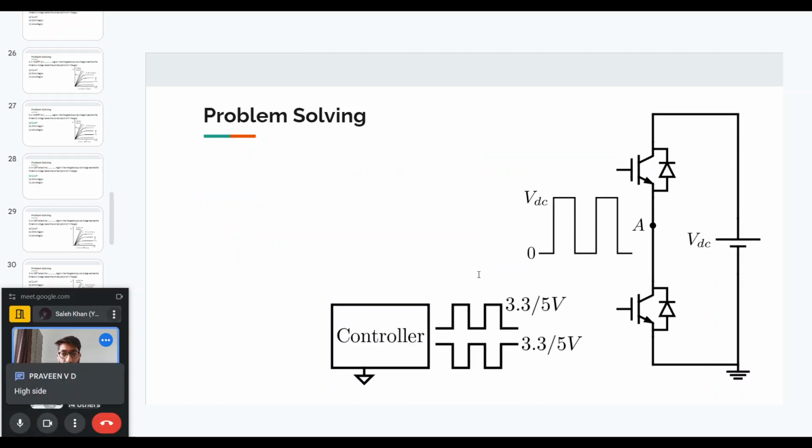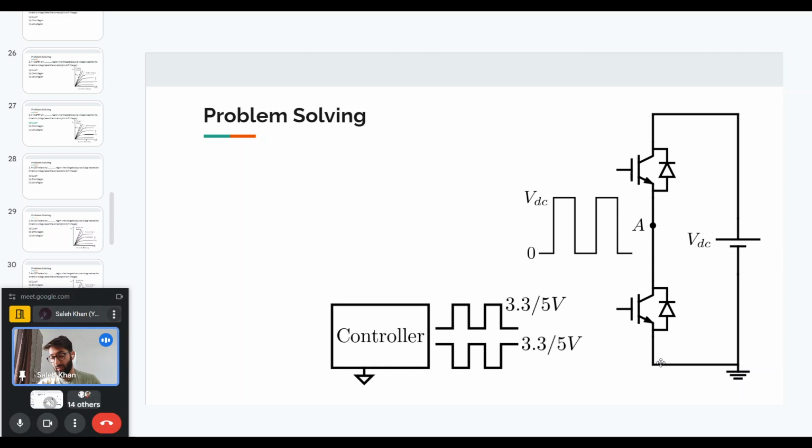Yes. So this is because for the low side switch, which is the bottom switch, the emitter or the source, whatever the device we have, is directly connected to the negative DC bus. And this voltage does not change. It remains at its potential.